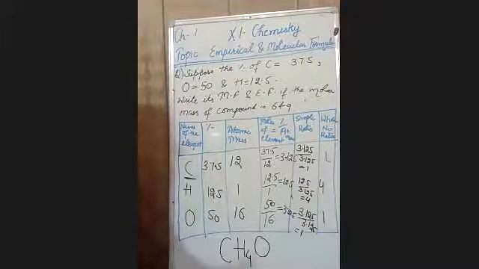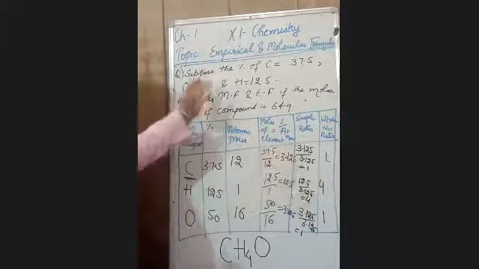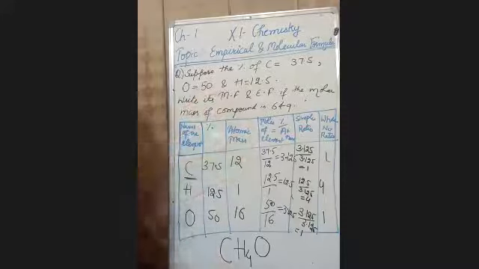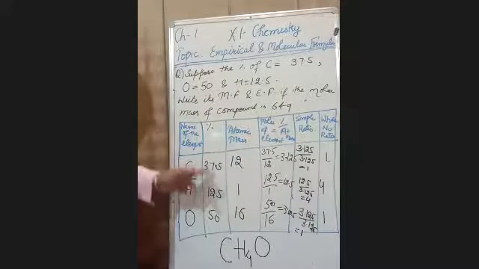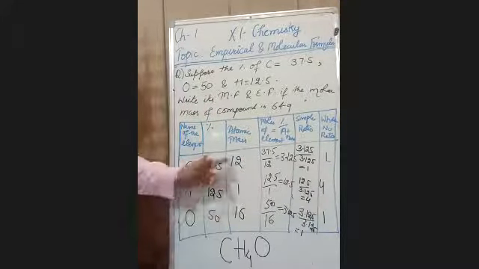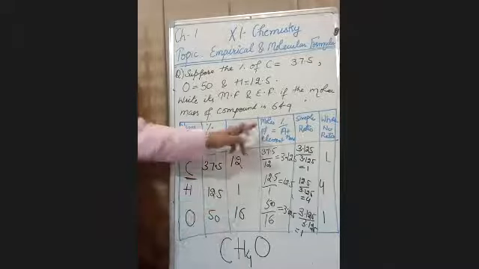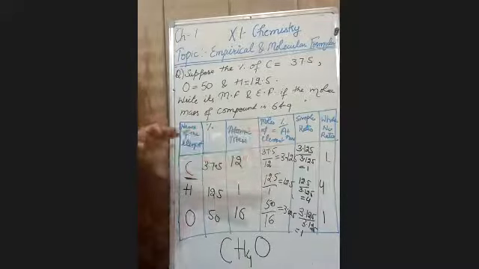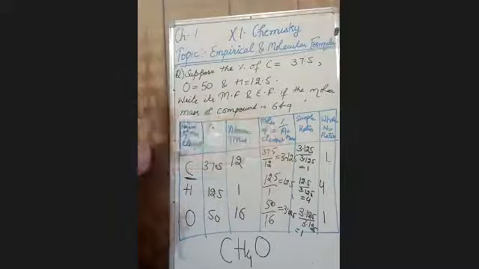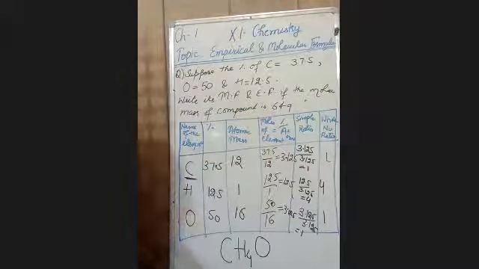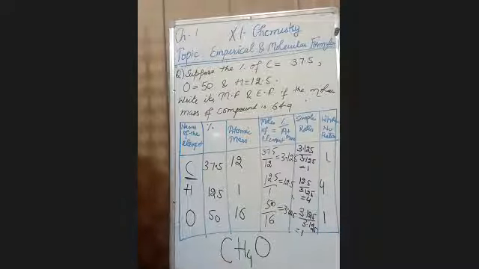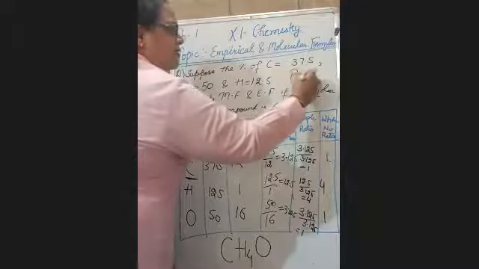I repeat what I did in this question. I will make a table. Data is given to you. First, write the name of the element, then its percentage, then atomic mass, then moles of element, which is equal to percentage over atomic mass. If you forget whether it is atomic mass over percentage or percentage over atomic mass, learn this short trick: PAM.